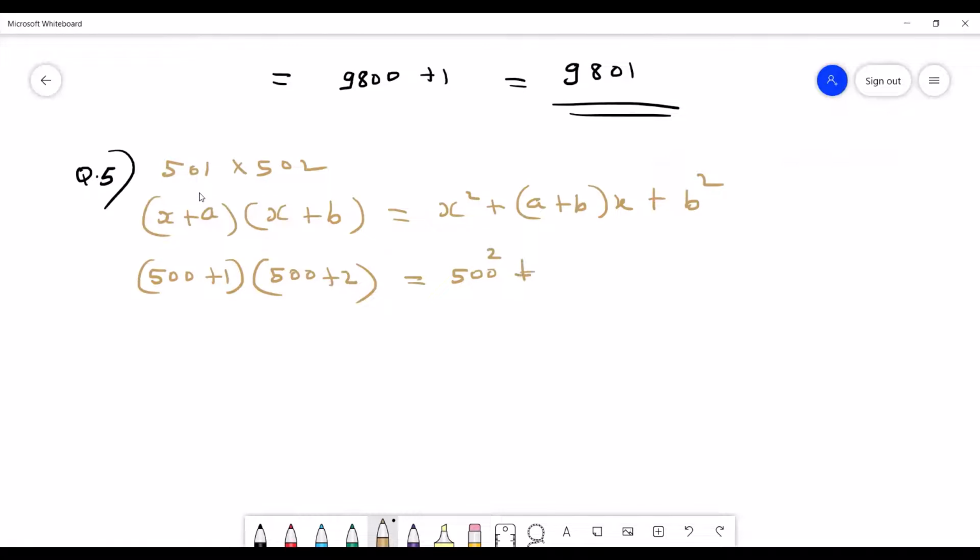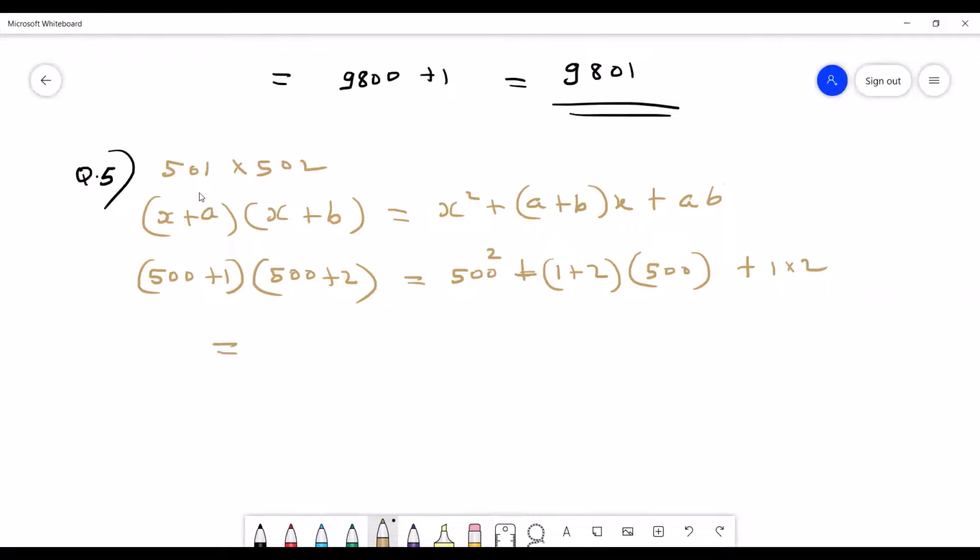Then a plus b means 1 plus 2, into 500, plus ab. Here it is not b square, here it is ab, which means 1 into 2.